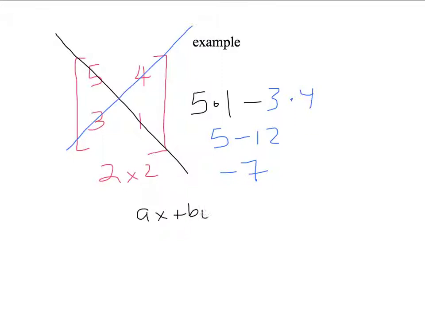AX plus BY equals M, and CX plus DY equals N. So there's a linear system, and we can use a determinant to find the solution for X and Y. And that big revelation will come in the next video on Cramer's rule.